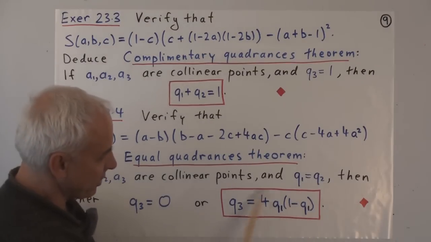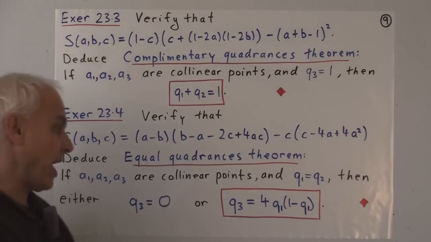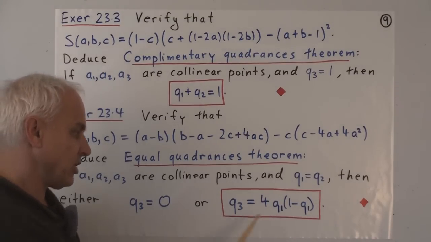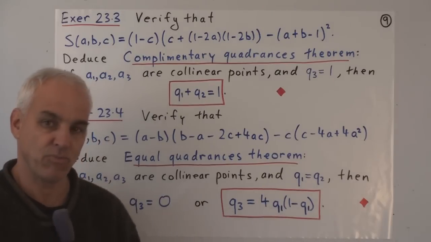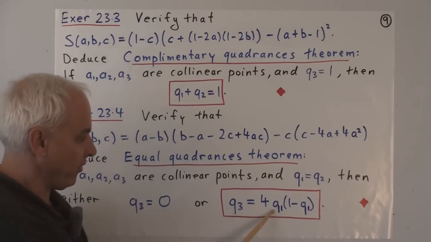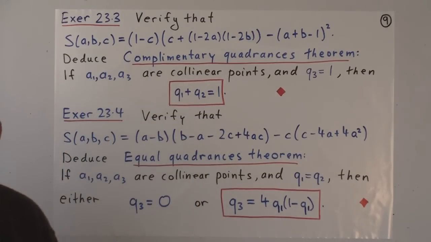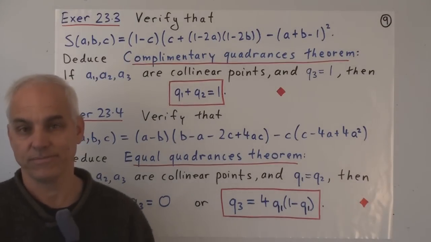It's a very important expression in hyperbolic trigonometry, actually also in rational trigonometry. It actually turns out to be the second spread polynomial. We'll talk about that later on. But this is a very important result, so you get to check it from an algebraic identity involving this triple spread function.